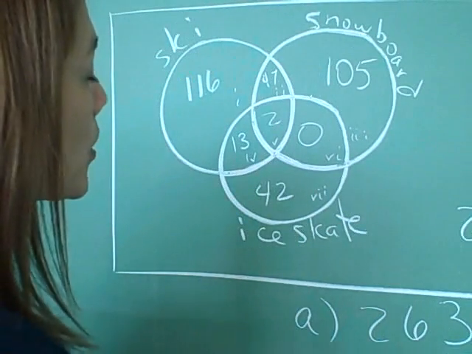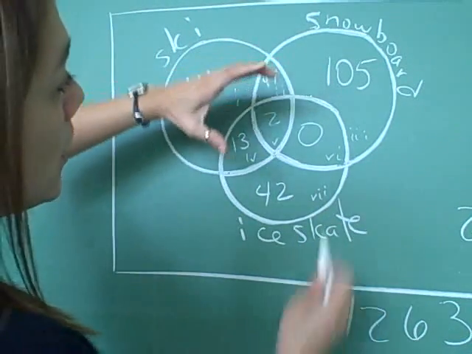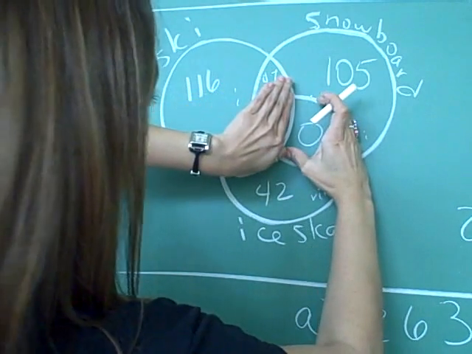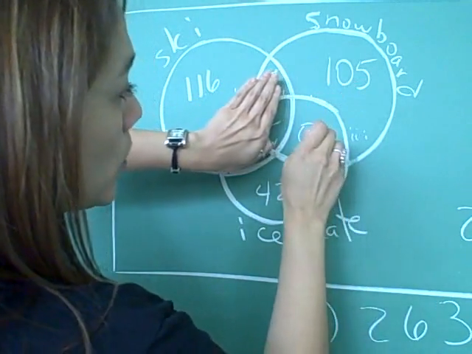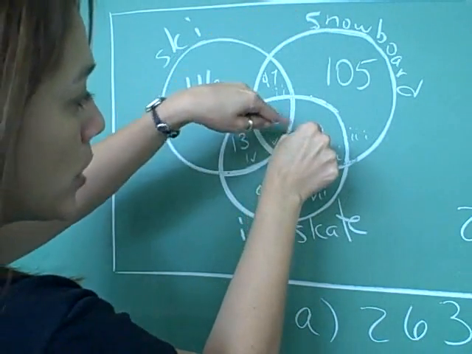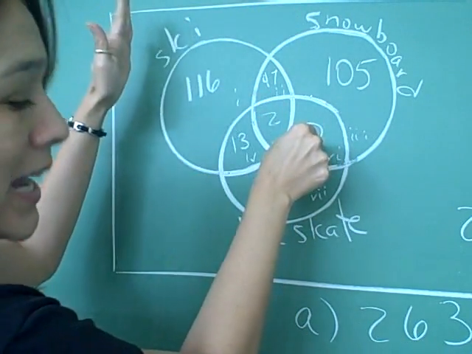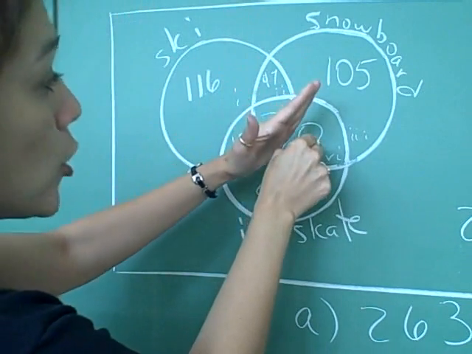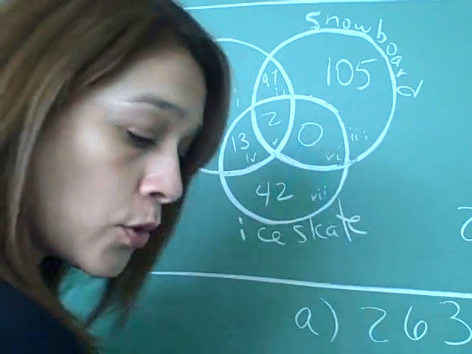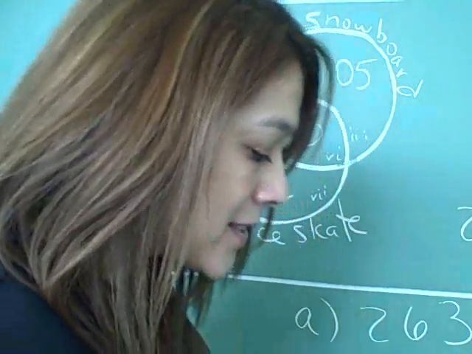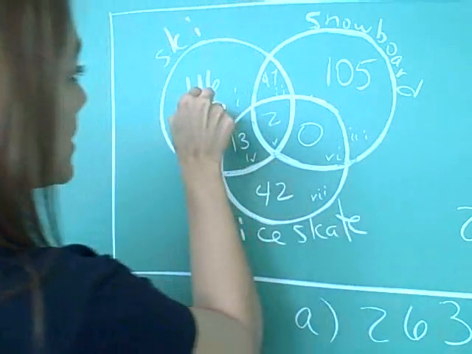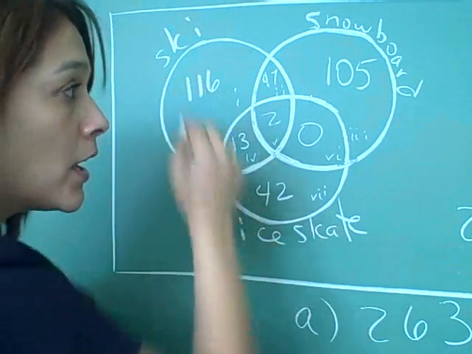Well, snowboarding and ice skating, that's this region right here. But we don't want people who like to ski. So then that only discusses the people that lie in this region. You have to lie in the snowboarding circle and the ice skating circle, but not the skiing circle. Well, there's not one person within this poll, so you would put 0. And then very lastly, D, only skiing. Well, that would be 116, these people right here.